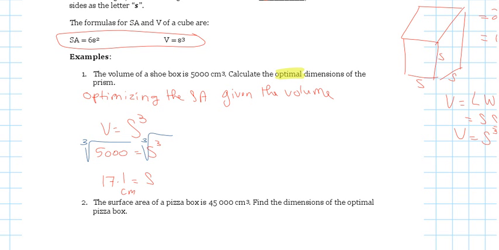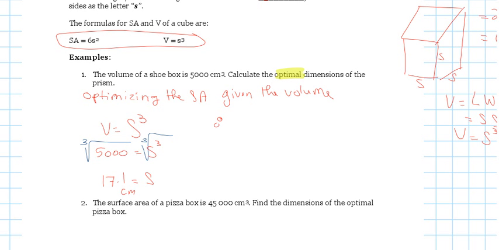Therefore, the optimal dimension of the prism are 17.1 centimeter by 17.1 centimeter by 17.1 centimeter.